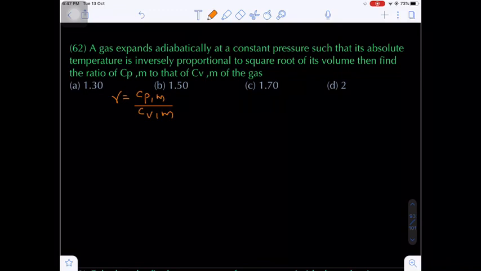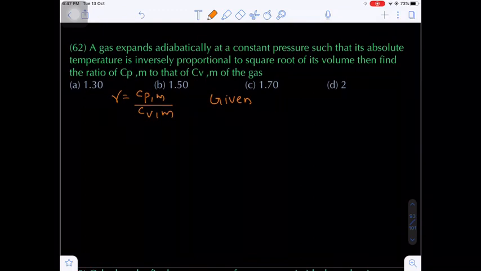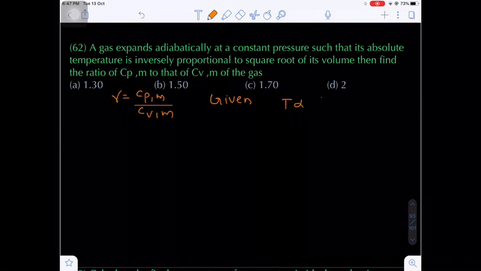Now I have to find the gamma, that is the Poisson ratio. Now from given, what is the given condition? The given condition will be absolute temperature T is inversely proportional to square root of volume. Okay. So this is the given condition.